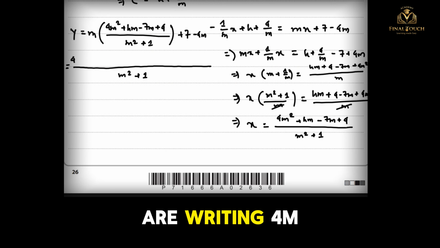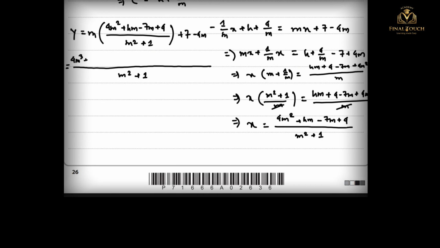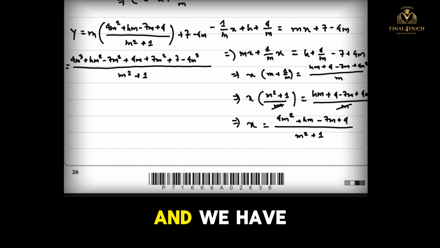We are writing 4m cubed plus km squared minus 7m squared plus 4m plus 7m squared plus 7 minus 4m cubed, and we have minus 4m. 4m cubed minus 4m cubed, minus 7m squared plus 7m squared, 4m minus 4m.